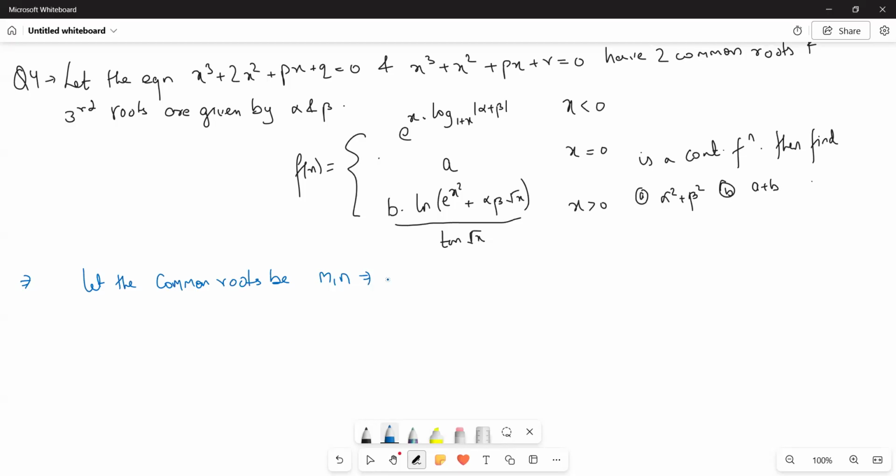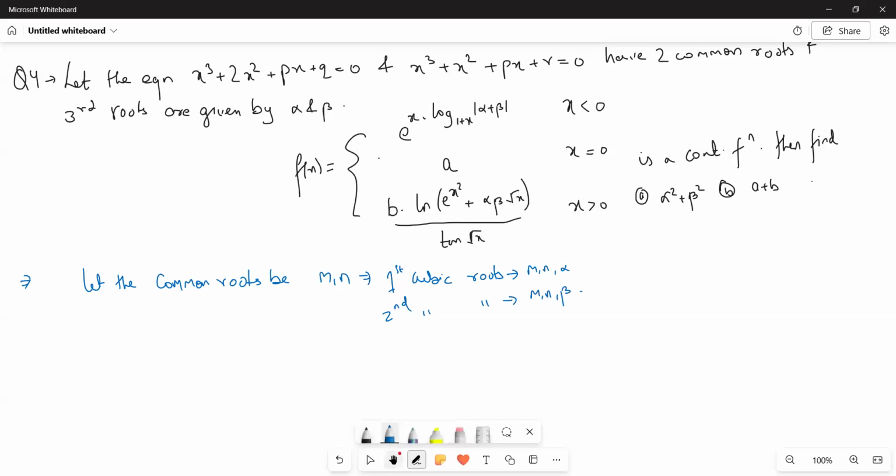So this would imply that for the first cubic, the roots are m, n, and alpha. For the second cubic, the roots are m, n, and beta.